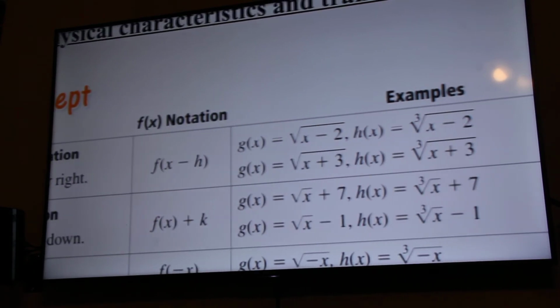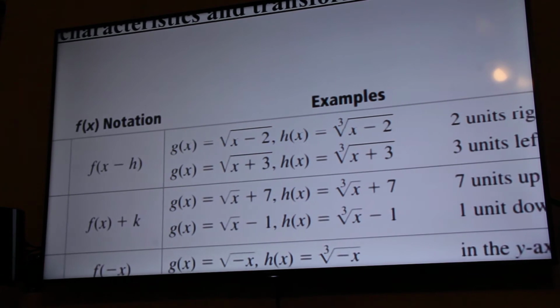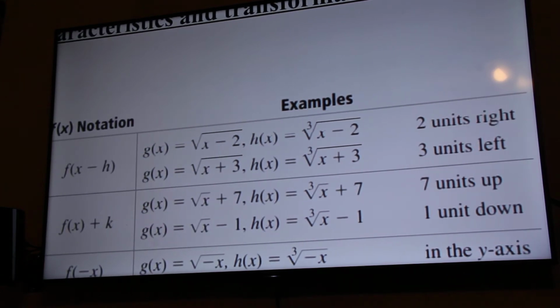To give you an example, let's take a look at g of x equal to the square root of x minus 2, or h of x is equal to the cube root of x minus 2. So what does that mean? The minus 2 means it moves 2 units to the right. Remember that the x always lies, right guys?